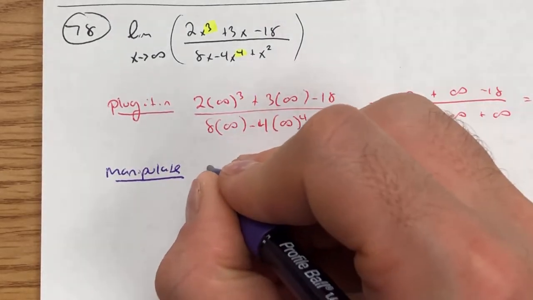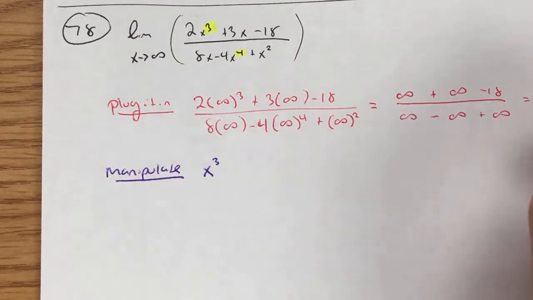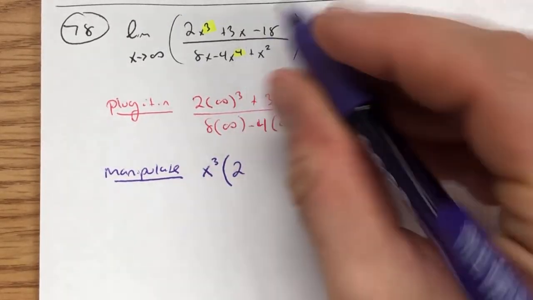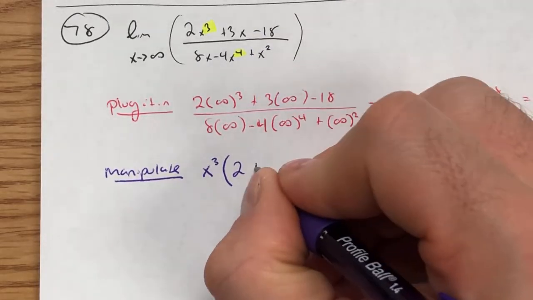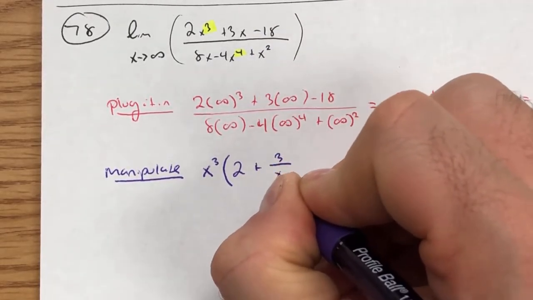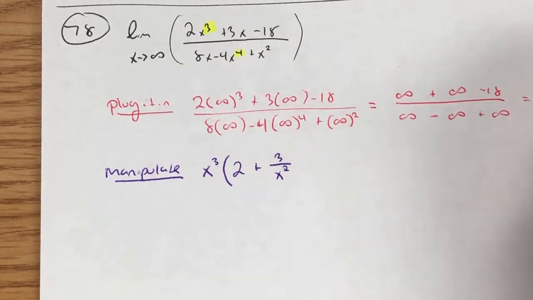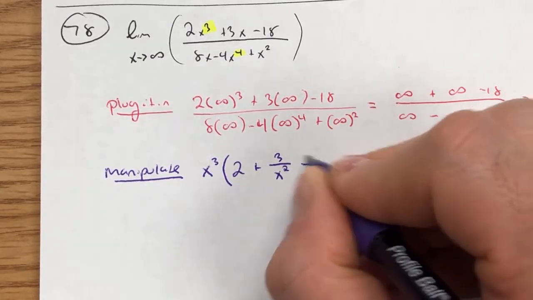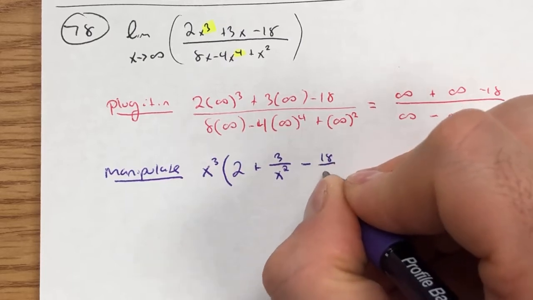So I'm going to factor out an x cubed, even if I can't. So in the first one, I can. The second one I can't. I only have a single x, so I'm going to say, well, that's 3 over, I need 2 more x's, so I'm going to put that over x squared. Minus, I have nothing to pull out of the 18, so I'm going to say 18 over x cubed.